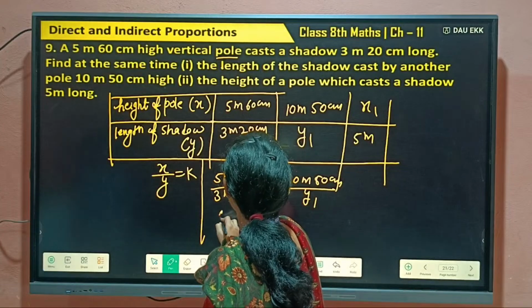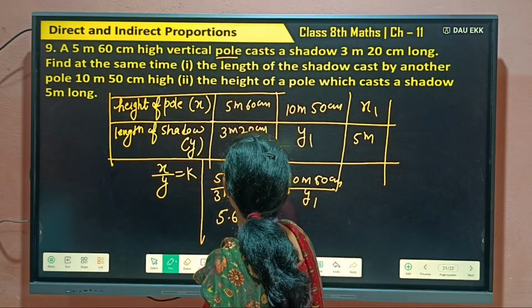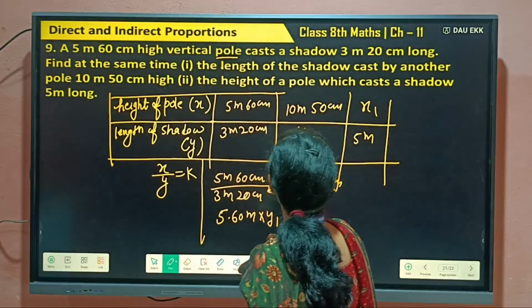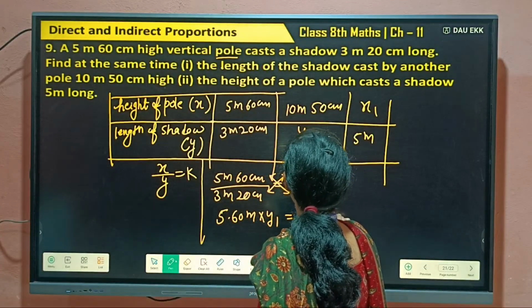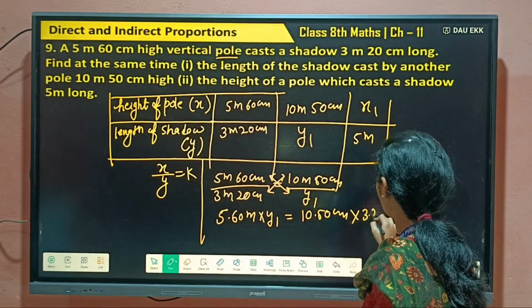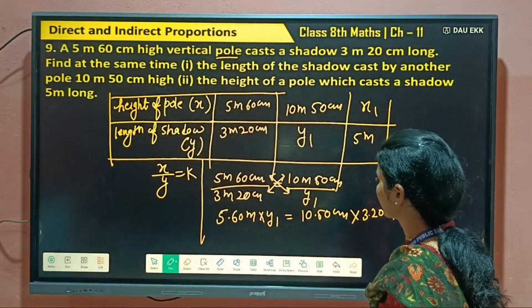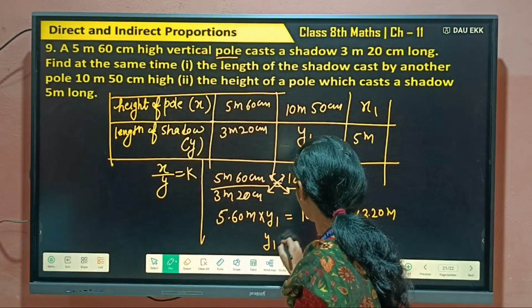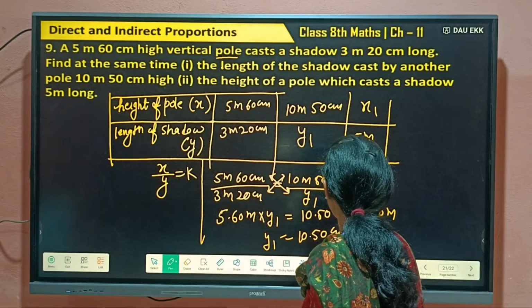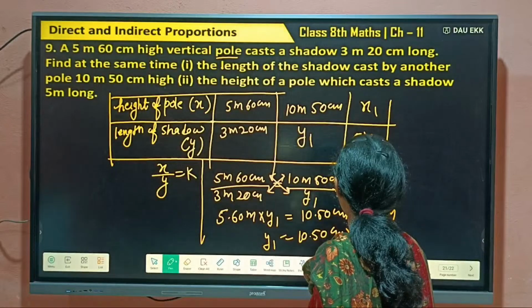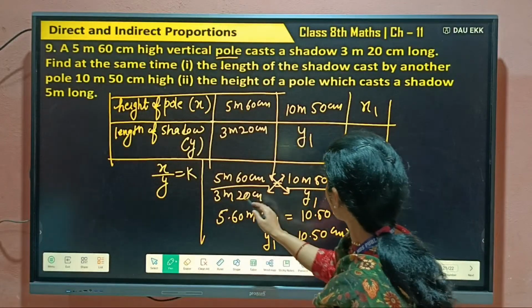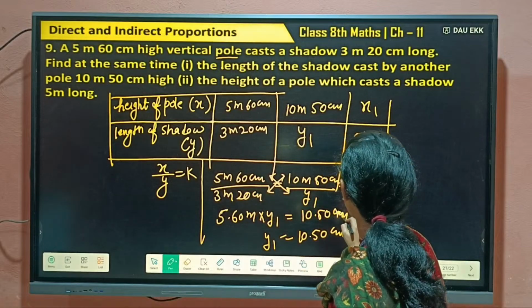It will be 5.60 meter into y1 equals 10.50 meter into 3.20 meter. All are in meter now.